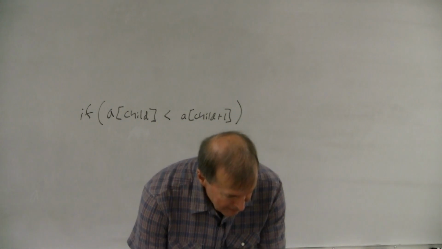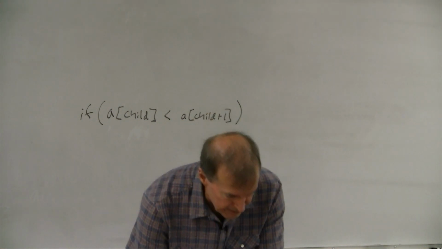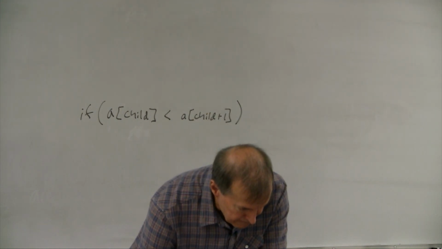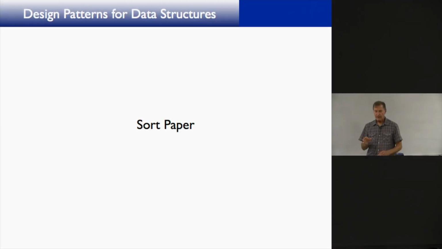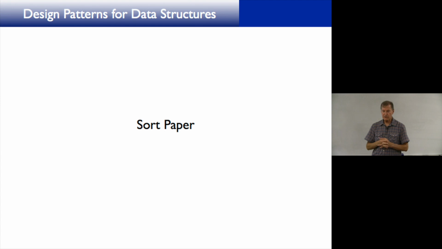Now, what I would like to do for the rest of the period is talk about the paper. Your paper is going to be due in 2 stages. The first stage is due on Tuesday, but it's just getting stuff set up. There's not a whole lot of writing to do.